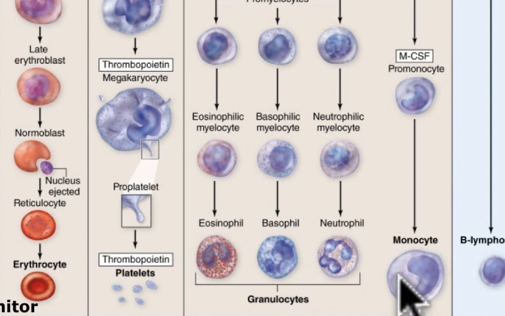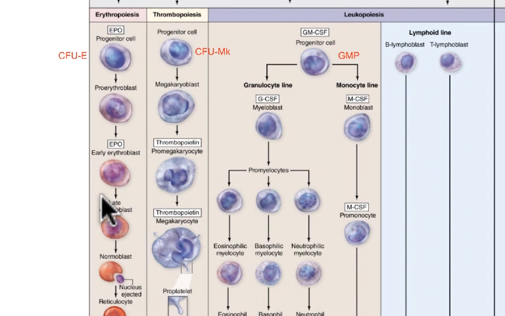To produce erythrocytes, CFU-E is going to be affected by erythropoietin. To create platelets, CFU-MK will be influenced by thrombopoietin. And obviously, to produce white blood cells except lymphocytes, the GMP, or granulocyte monocyte progenitor, is affected by CSF, and that is colony stimulating factor.